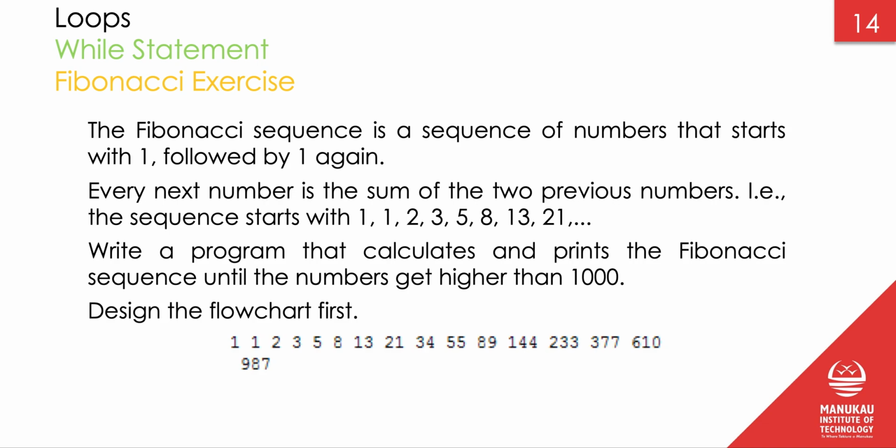In order to do swapping, the basic algorithm is to take a third variable, a temporary variable, then you put the content of the first variable into this temporary variable, then you update the first variable with the content of the second variable, and then you update the content of the second variable with the value of your temporary variable.